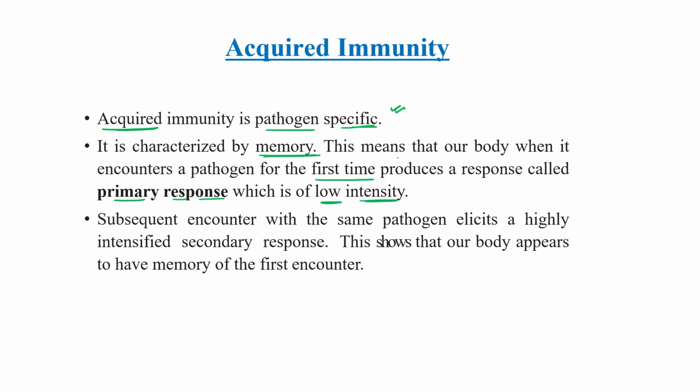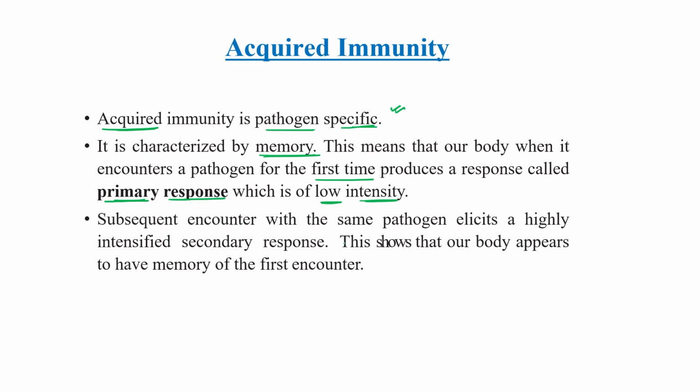This means that when our body encounters a pathogen for the first time, it produces a very low defense towards that pathogen, and that response is known as the primary response.